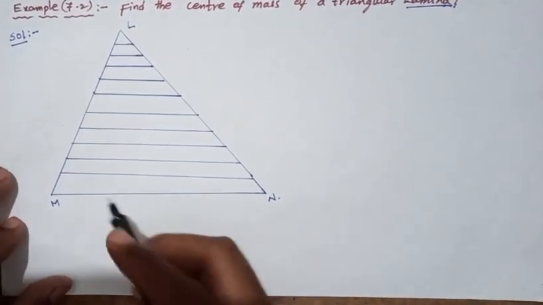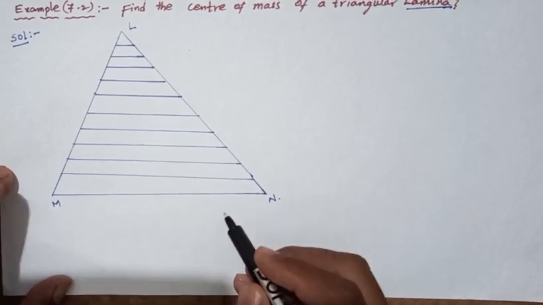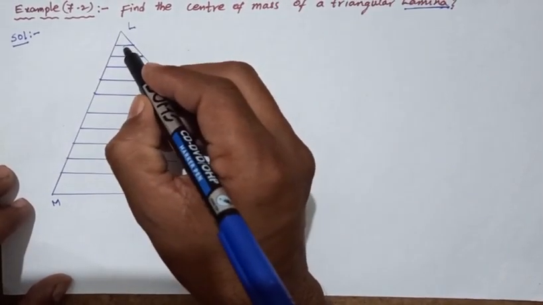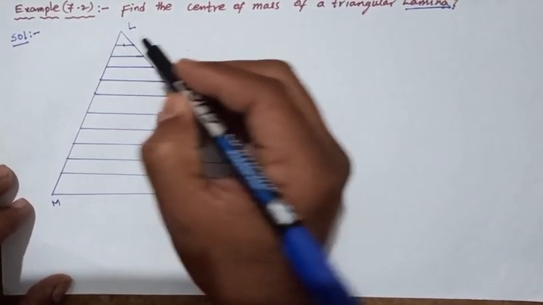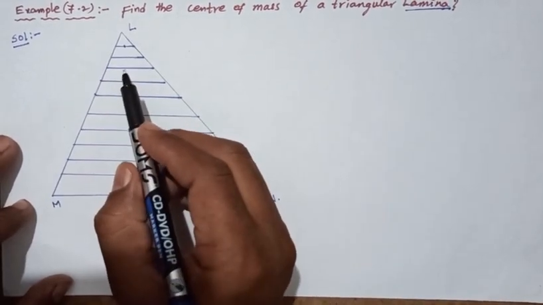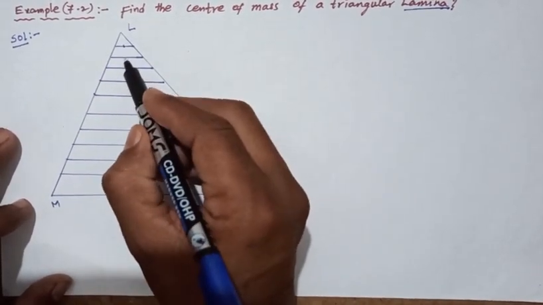These parallel strips are parallel to MN. We take the midpoint, so the center of mass of each parallel strip is its center point.